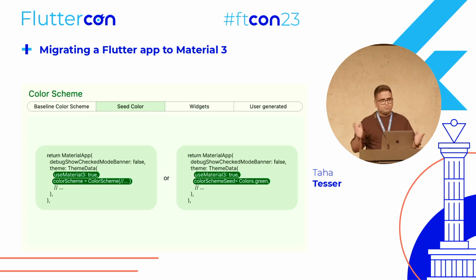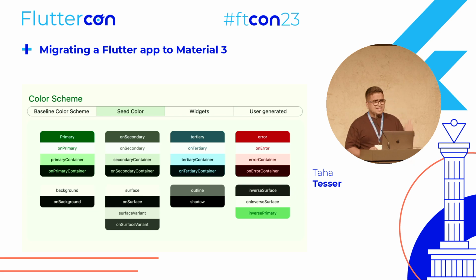You just have to say green and it creates an entirely green color scheme. You can see, this is the same baseline color scheme, but it's using green to create all the variants of this color, which is pretty cool. Like you can say green and it will give you a host of green colors to style your apps.